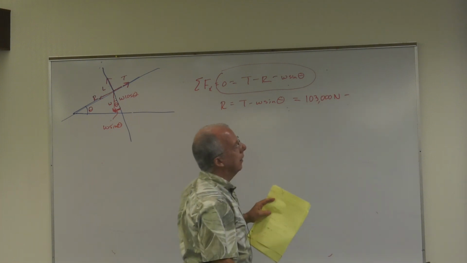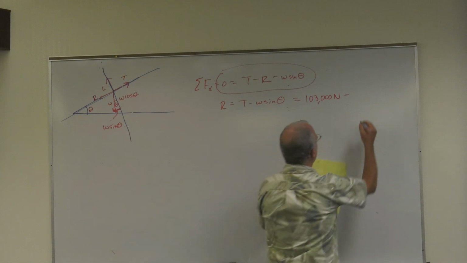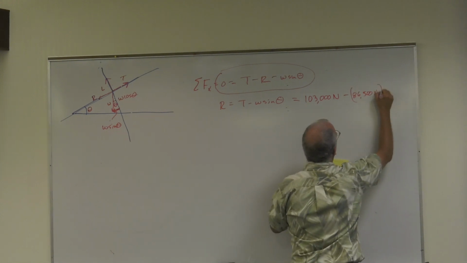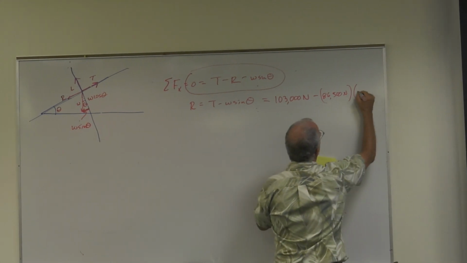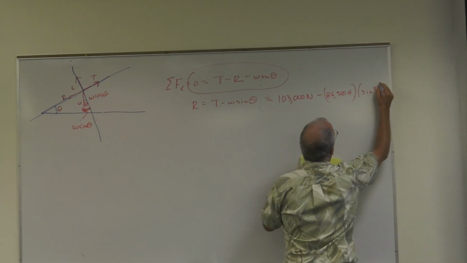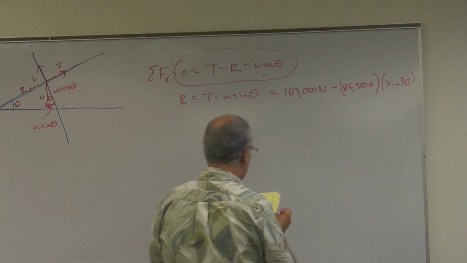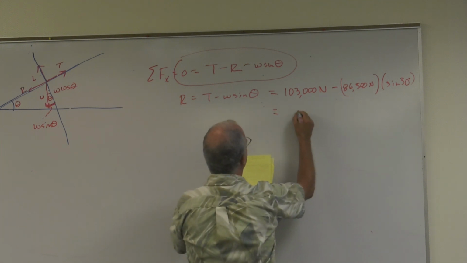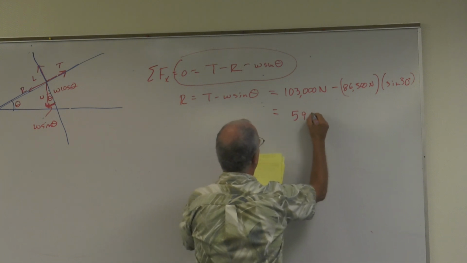And the weight is what? 86,500 times the sine of 30. And hopefully I did this right. I get 59.75.